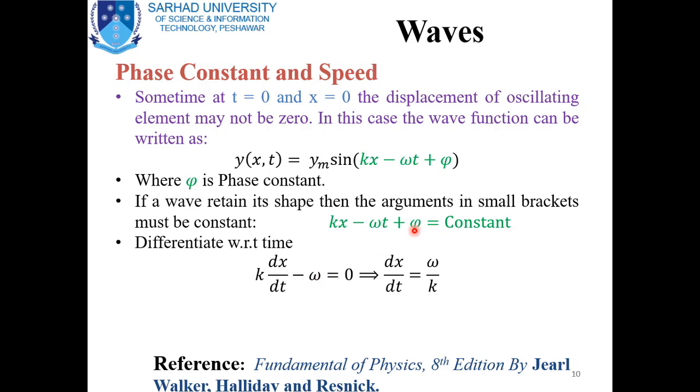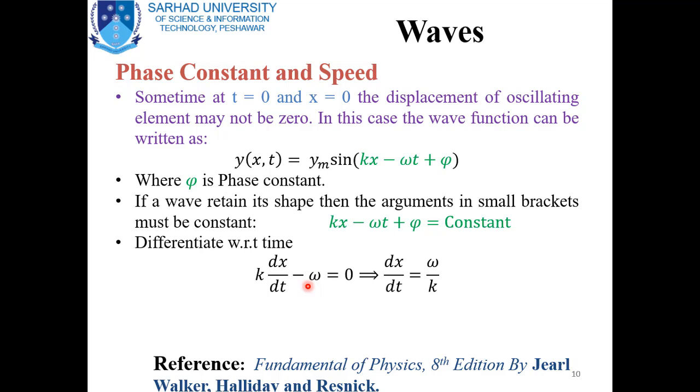The phase constant is a constant, so its derivative is always 0, and the right hand side also gives 0. This implies that dx by dt is equal to omega divided by k.